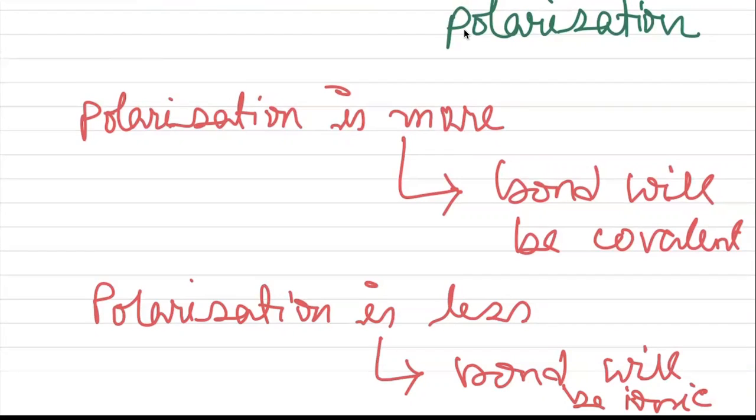That means this covalent and ionic character mainly depends on two factors: how strongly the positive ion can distort a negative ion, and how easily the anion becomes distorted. These two factors were described by the scientist Fajans, and according to his name they are called Fajans' rules. Now we are going to learn Fajans' rules.